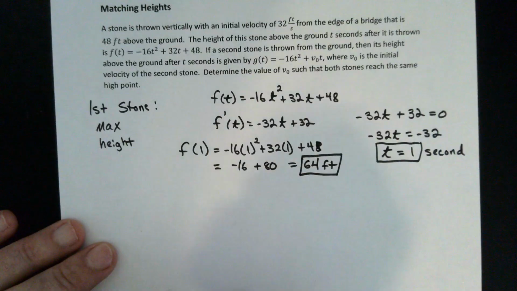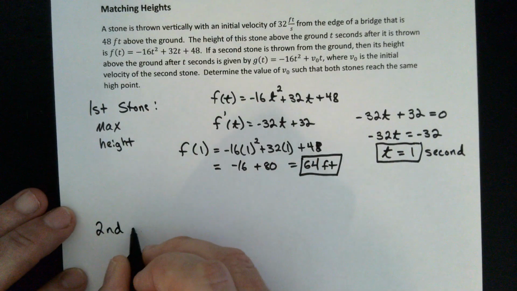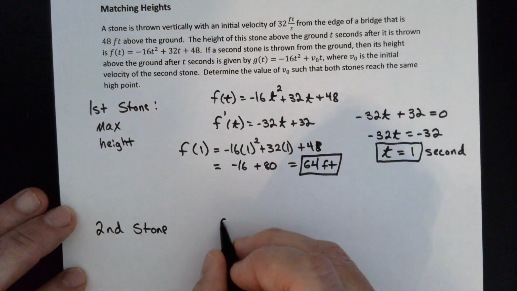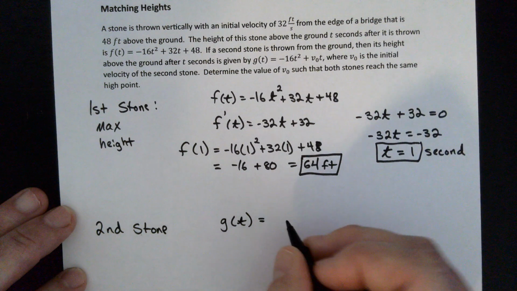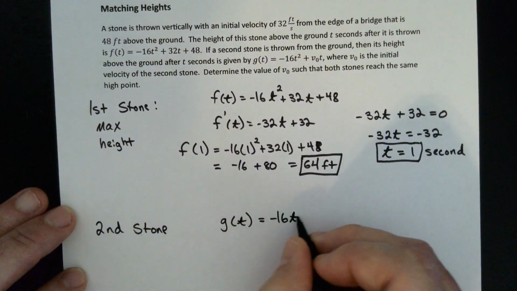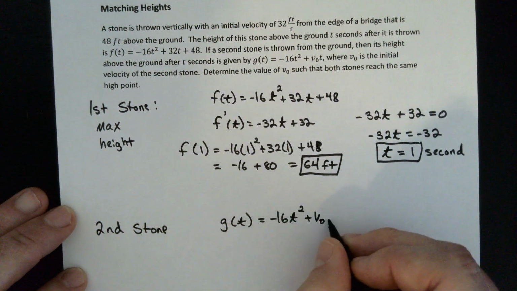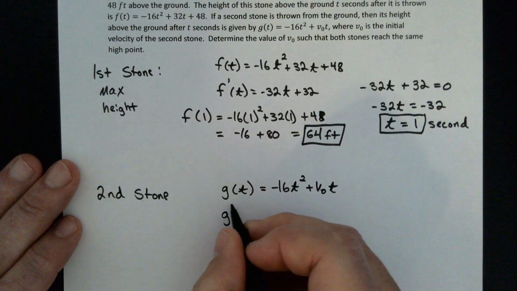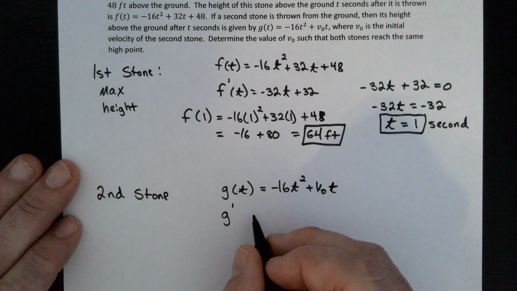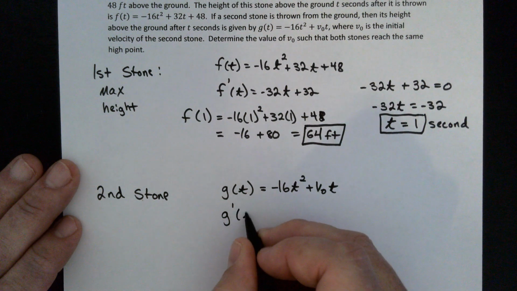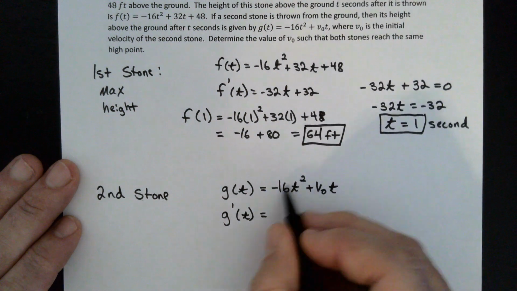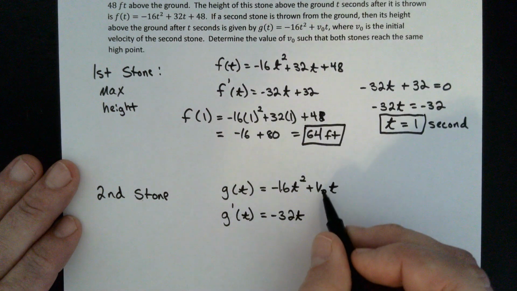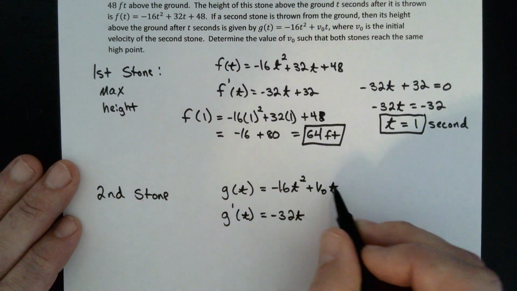Now for the second stone, we're going to do the same process. The function is g of t equals negative 16t squared plus v naught t. Now we take the derivative of that, and we will treat v naught like a constant. The derivative is negative 32t plus v naught, since a number times t has a derivative that is just the number.